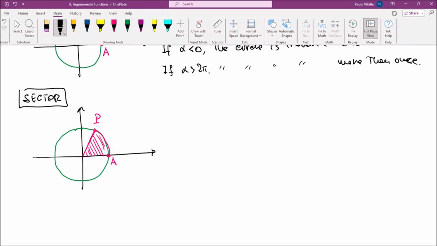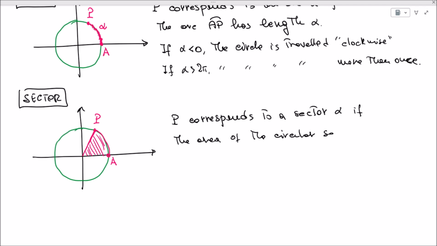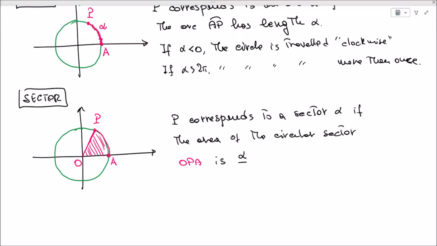And this correspondence is unique once again, so we say that P corresponds to a sector alpha if the area of the circular sector OPA is alpha divided by 2.